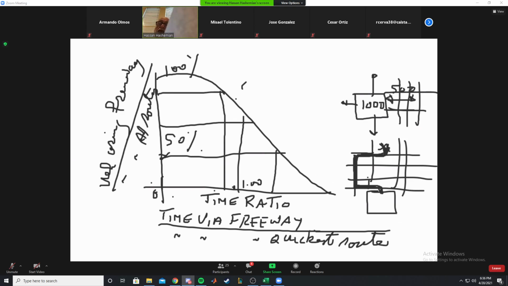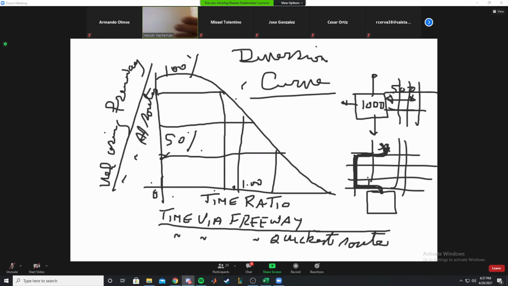So this is what we call the diversion curve. The diversion curve just splits the trips between the freeway and the quickest route. So that's the diversion curve.